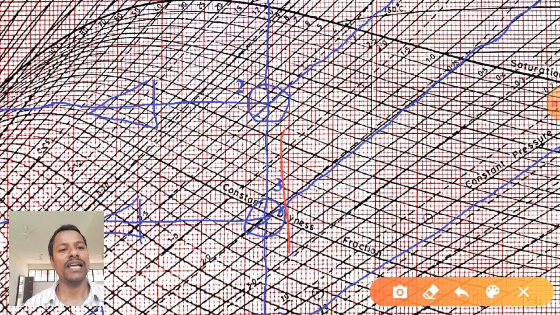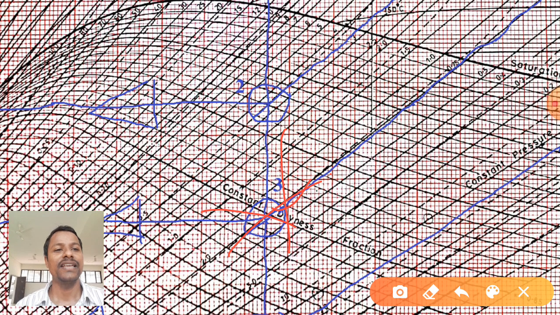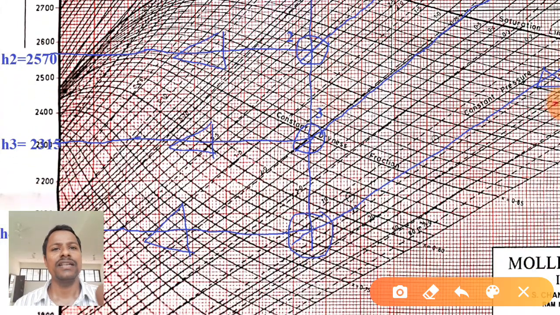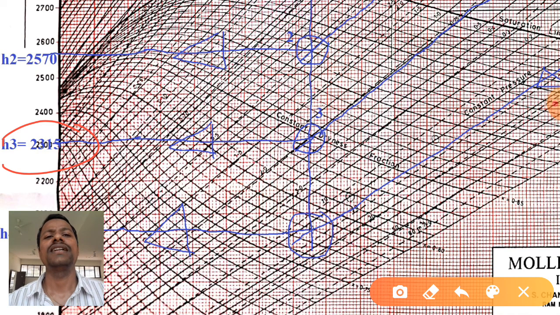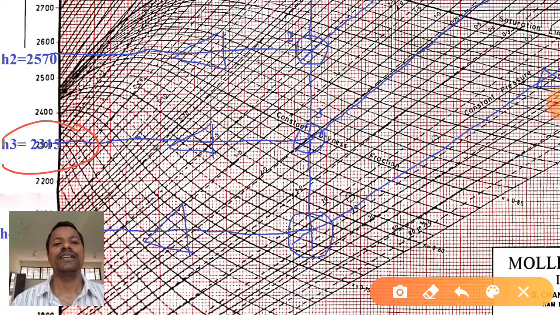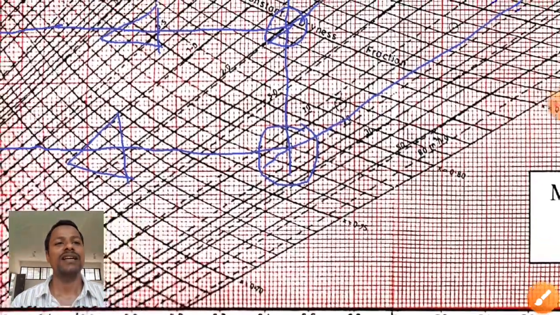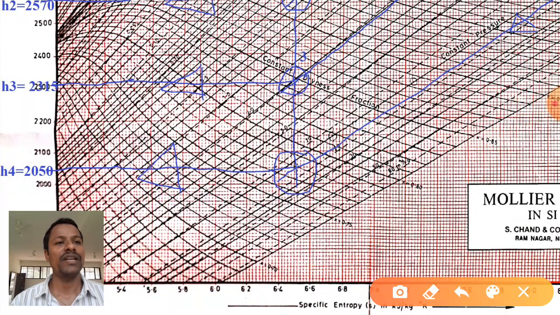Wherever both intersect, I have marked this as point 3. From this point 3 I am able to get the H3 value as 2350 kilojoule per kg.